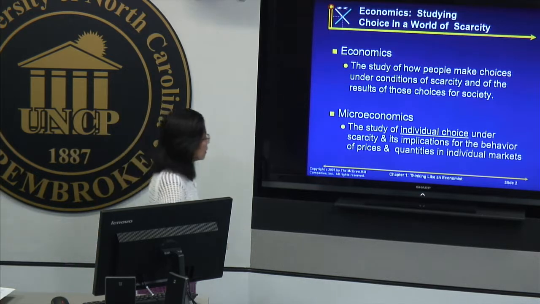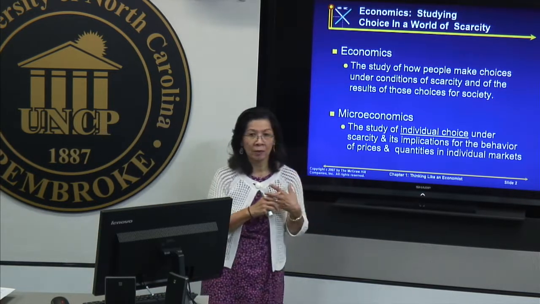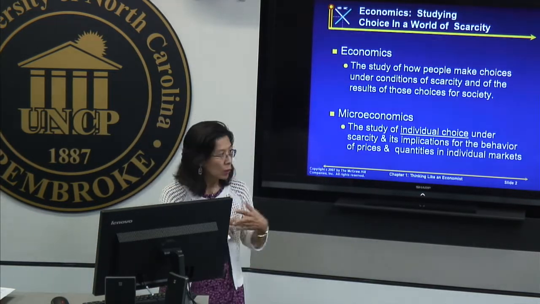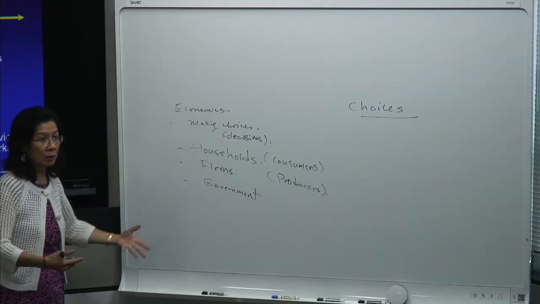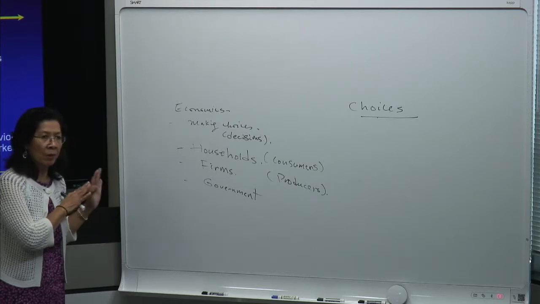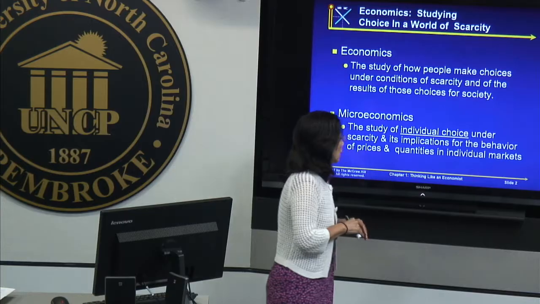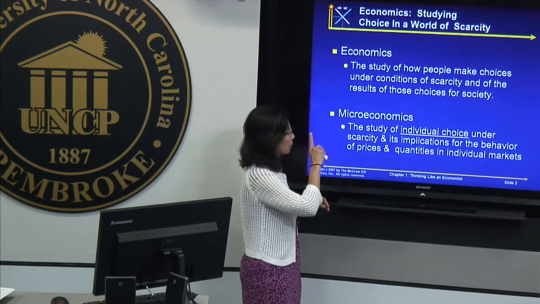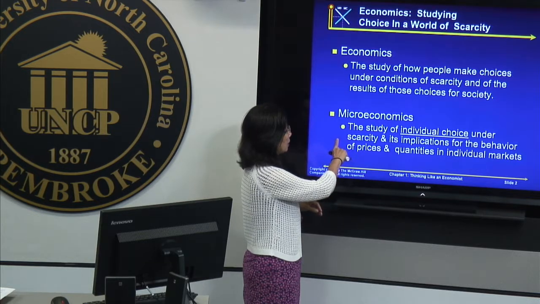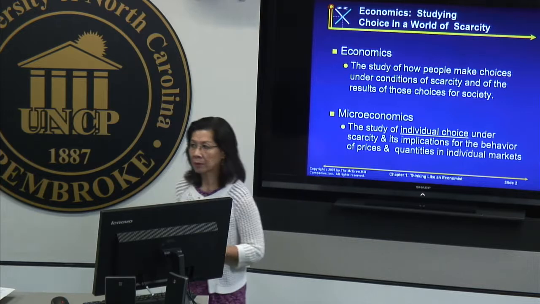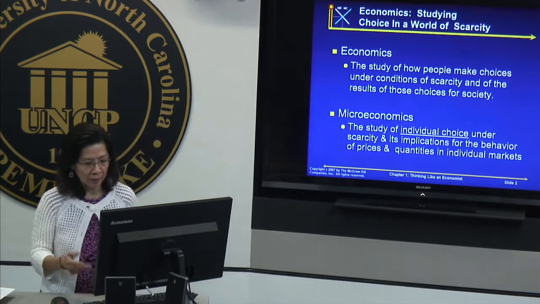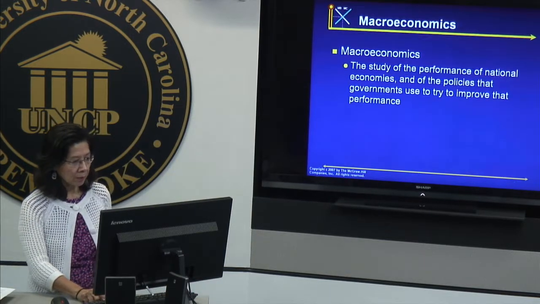So if you look at it, microeconomics is a study of how these three agents, households, firms, and government, are making their decisions based on some sort of economic principles. And then the other criterion that we should talk about is scarcity. What is scarcity? Well, that means you don't have enough of it. Let's take a look.